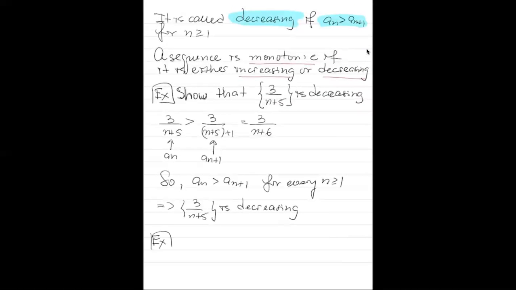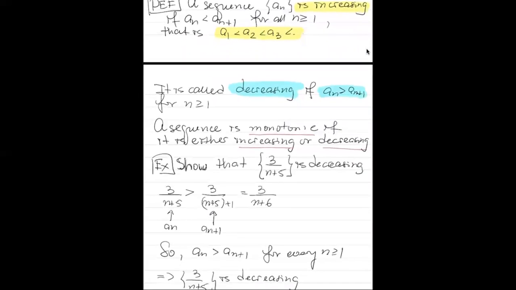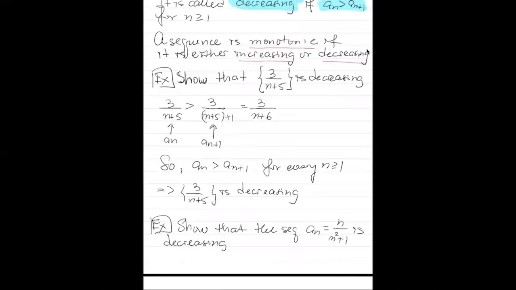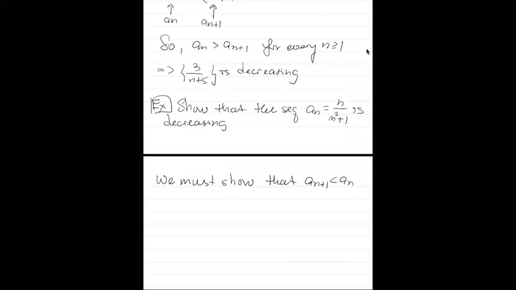Another example: show that the sequence a sub n equals n over n squared plus 1 is decreasing. We must show that a sub n plus 1 is less than a sub n. This is according to our definition of decreasing; I rewrote the inequality in reverse, but it means the same thing. The n plus 1 element is less than the nth element.